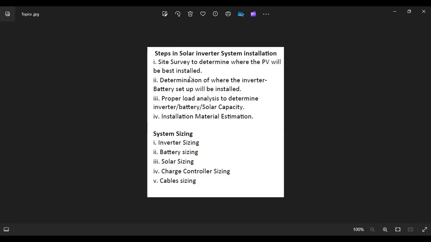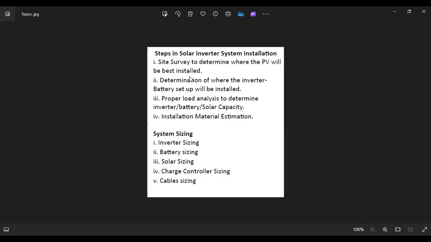So we have done a recap. We talked about site surveying, how the panels need to be installed to get the best out of them. We've talked about where to place our inverter and batteries, knowing what these things can emit or the heat they can radiate, so that it doesn't pose a fire hazard.